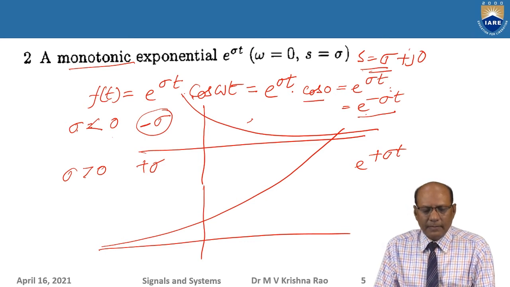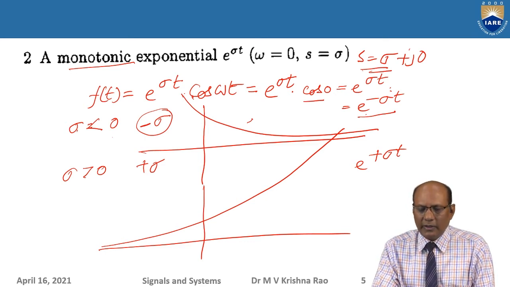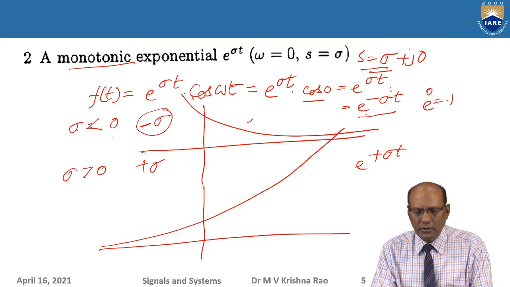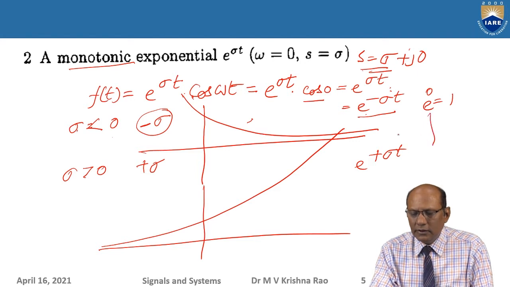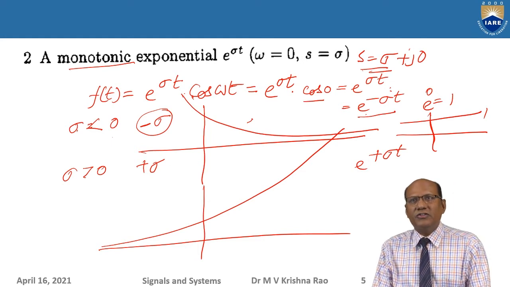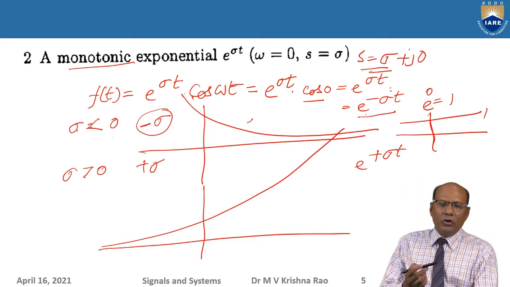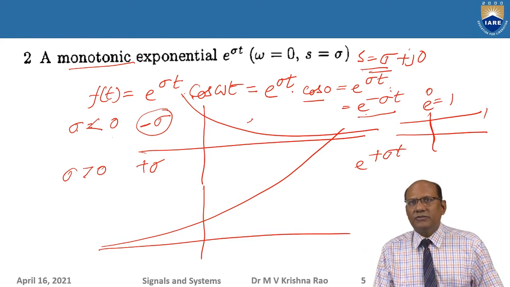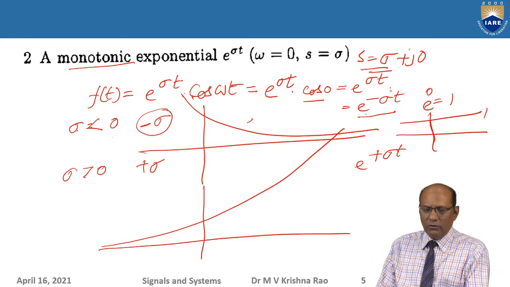If I take sigma equal to 0, automatically e to the power of 0 means 1. Then it is nothing but DC. Whatever previously we have studied, that is a constant value, DC value. So the monotonic exponential becomes constant if I substitute sigma equal to 0.